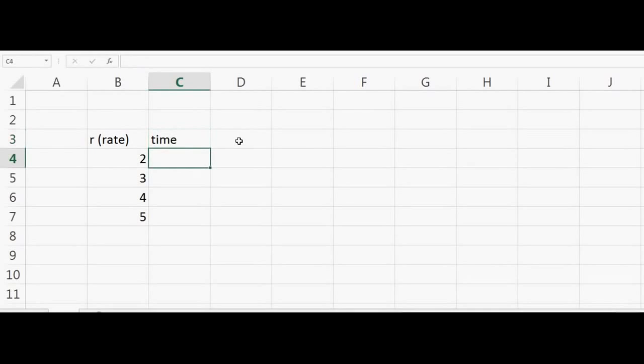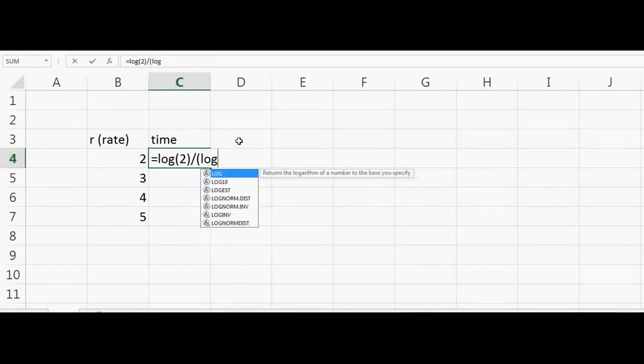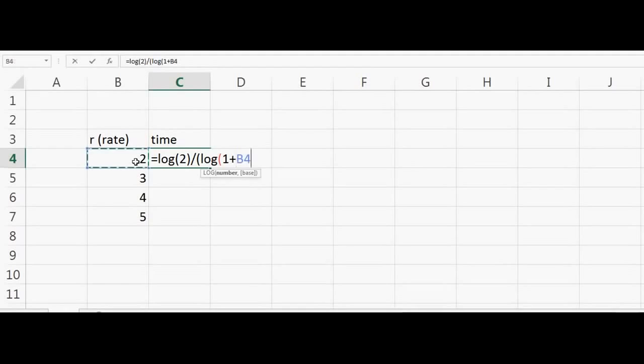Time should be equal to, as we calculated before, log of 2 divided by log of 1 plus R divided by 100, because this is in percentage. So it says 35 years.